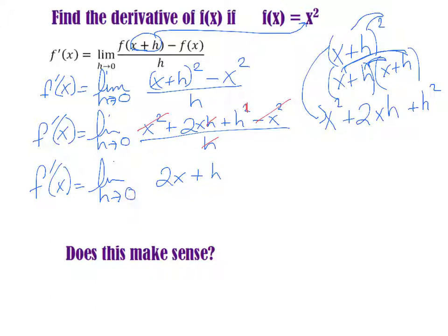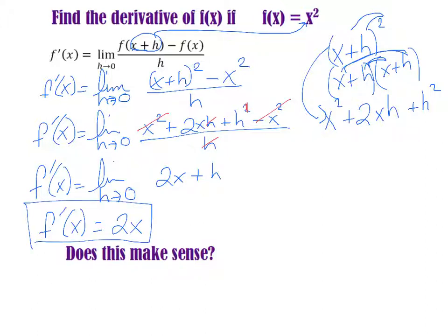Now, can I do direct substitution? Yep. And when you do the direct substitution, that's when the limit gets to go away, because you're actually evaluating that limit. On my next step, the derivative is equal to, I do my direct substitution, and I end up with just 2x. And that's my answer right there.